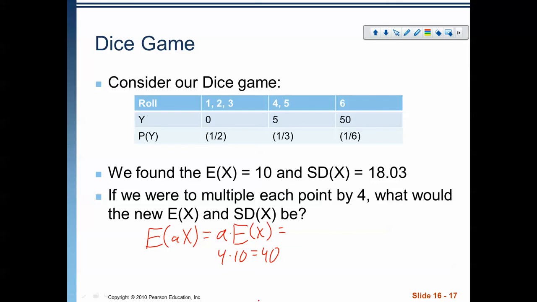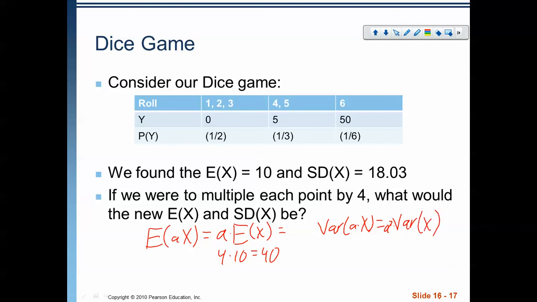Variance, on the other hand, is different. The variance of a times X equals, what is this? This is a squared times the variance of X.